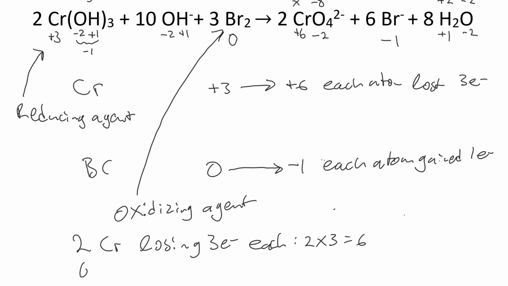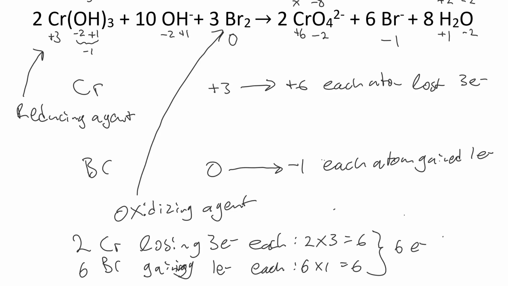You also have 6 bromine atoms gaining 1 electron each. 6 times 1 equals 6. All in all, 6 electrons were transferred from 2 chromium atoms to 6 bromine atoms. 6 electrons were transferred.